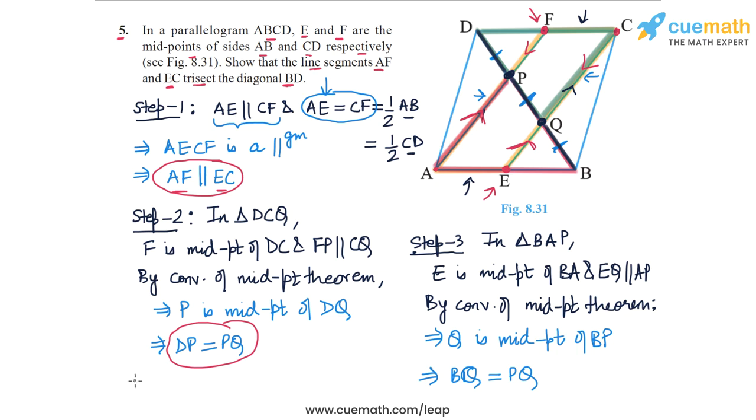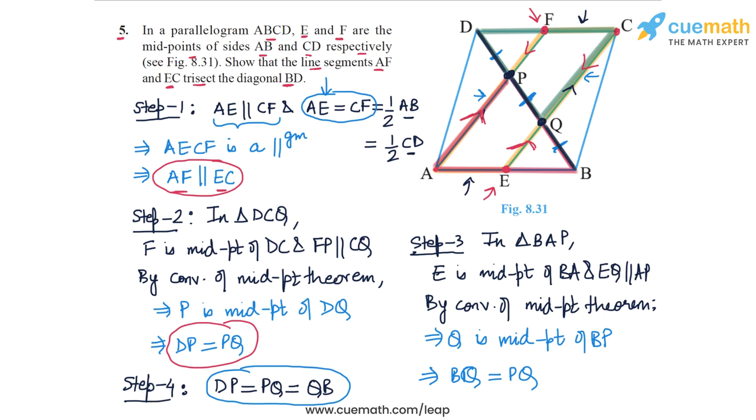So if you want, we can write this out as step 4, where we now claim that from steps 2 and 3, we get DP is equal to PQ is equal to QB, and this means that the diagonal BD is trisected because it is being divided into 3 equal parts by the points P and Q. So that completes our proof of question number 5.